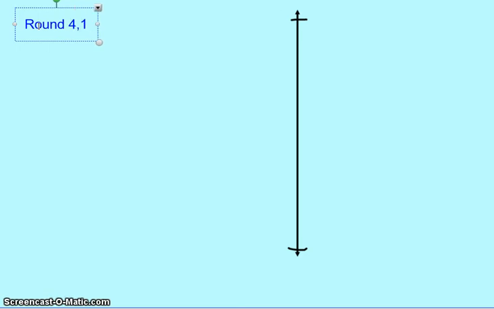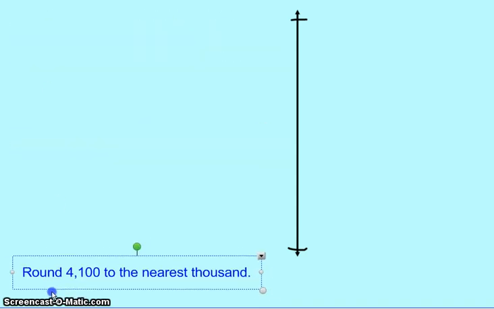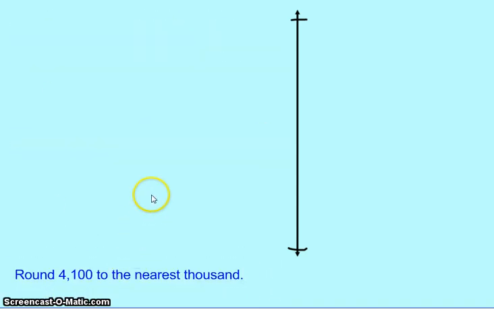Round 4,100 to the nearest 1,000. So we're trying to round 4,100 to the nearest 1,000.